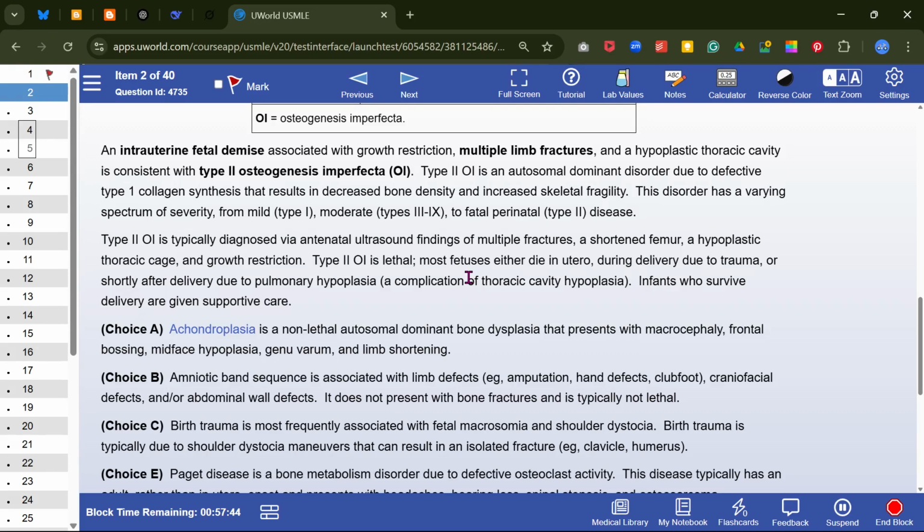Type 2 osteogenesis imperfecta is an autosomal dominant disorder due to defective type 1 collagen synthesis that results in decreased bone density and increased skeletal fragility.